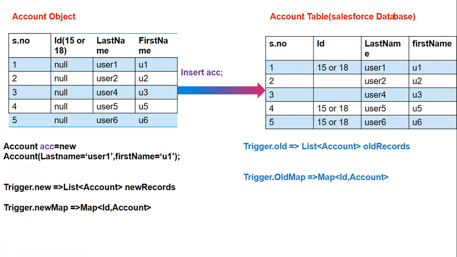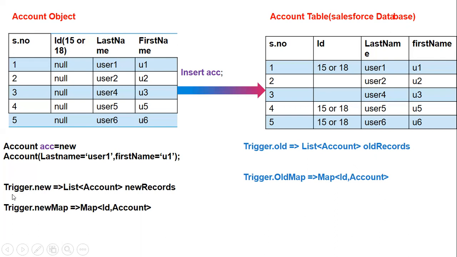The ID is not created in the Salesforce database before the insertion operation, or before DML operations like insertion, update, delete, create, edit, this type of operations. So before using the DML operations, we have two context variables: trigger.new and trigger.newMap.